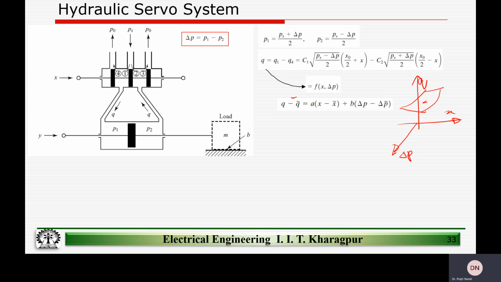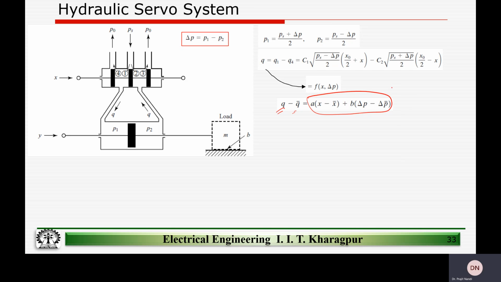And around that, if we look at incremental signals, small signals around the operating point, we can represent the new condition given by Q around that operating point Q bar in this term, neglecting higher order terms, right?